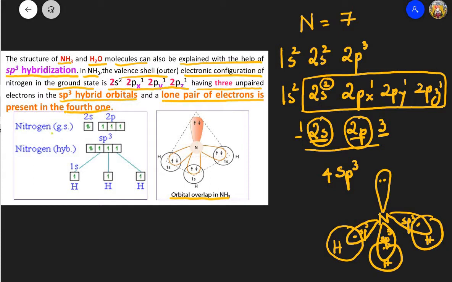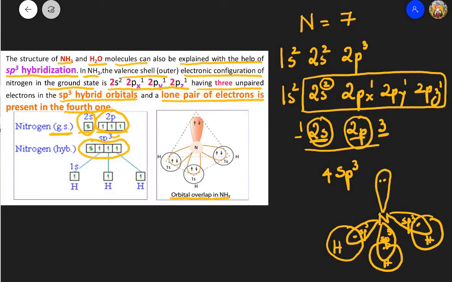So if you see here, nitrogen in the ground state, that is 2s2 and 2p3, but when it undergoes hybridization, how many orbitals? That is the 2s orbital and 3 2p orbitals. Totally we will be having 4 sp3 hybridized orbitals, right?